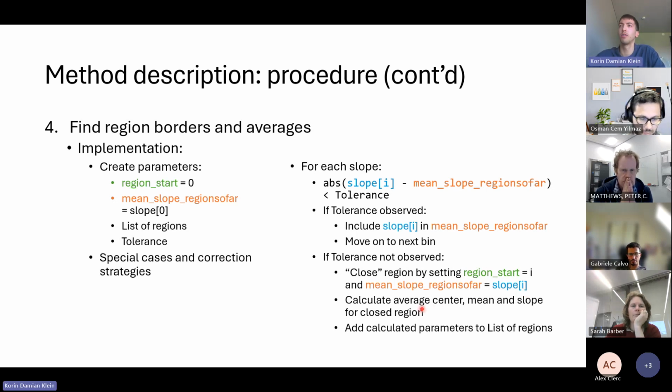We then calculate the average slope for the closed region, and add those parameters to the list of the regions we have created. Because it's not working as simply as this, I had to define special cases, and I also had to use correction strategies to make this method more flexible and universal to use on different data.